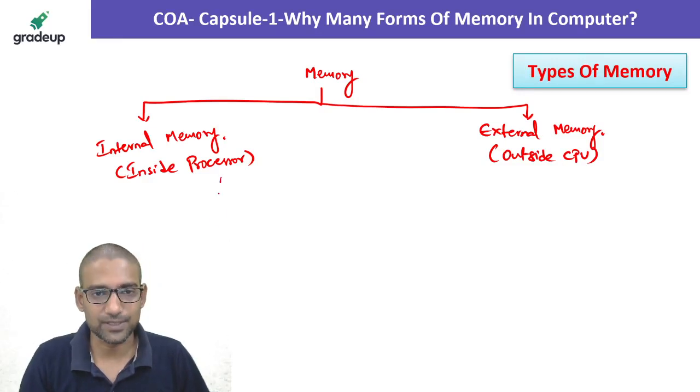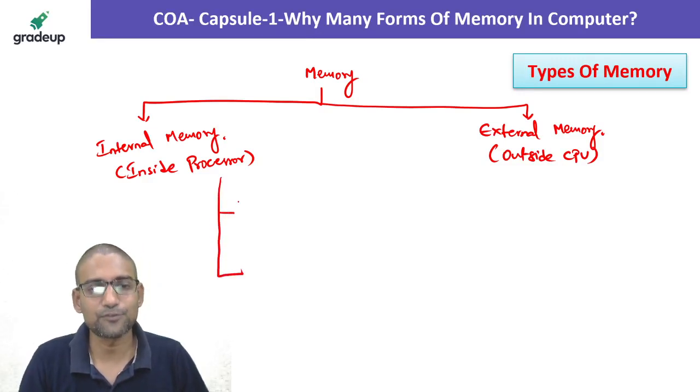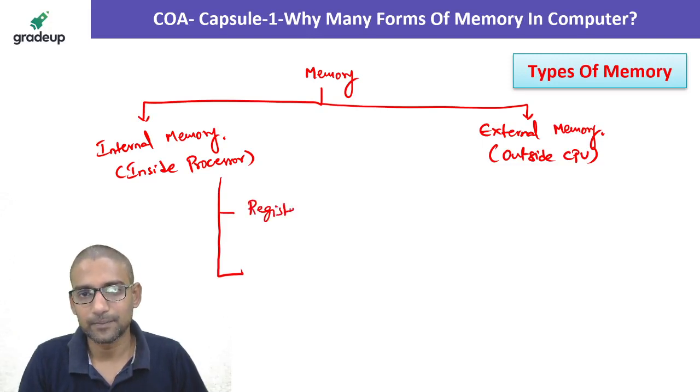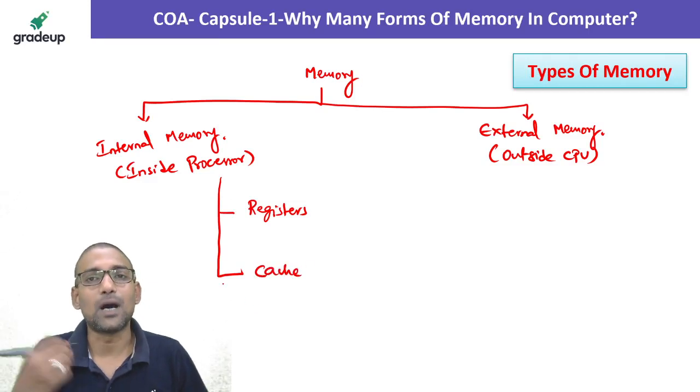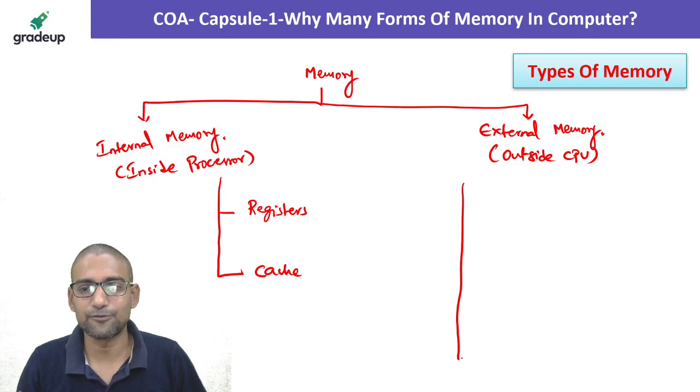Inside the processor you have two forms of memory. What? Registers and cache memory. Outside the processor we have four forms of memory. What they are?